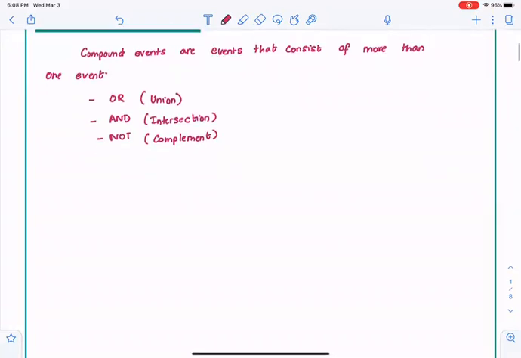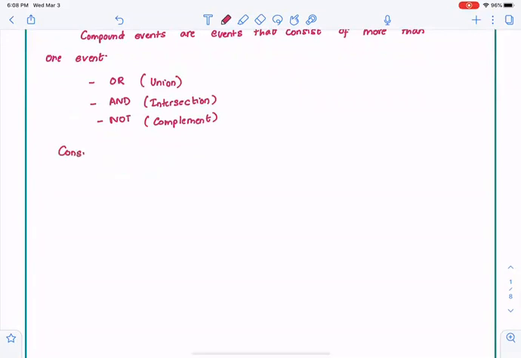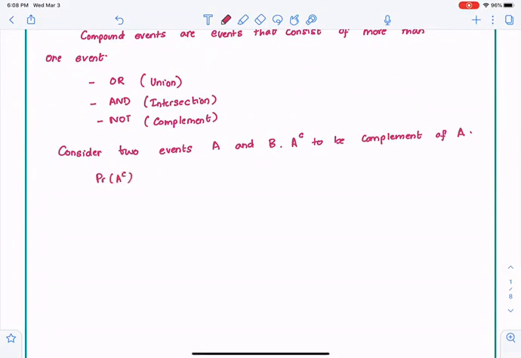So let us consider two events A and B. And I'm going to define A raised C to be the complement of A. So the probability of A complement will be related to the probability of A. What does the probability of A complement mean?